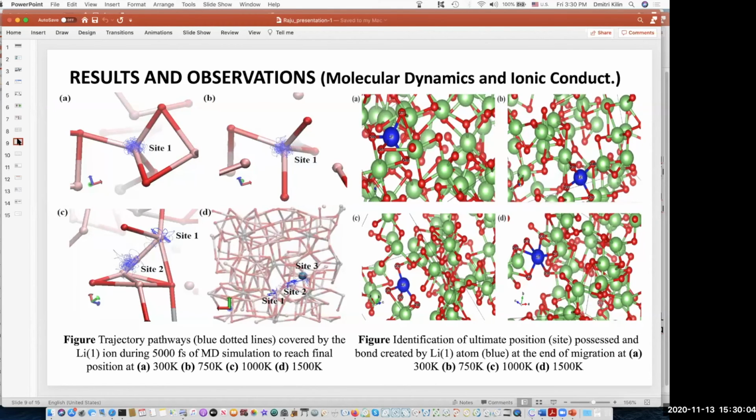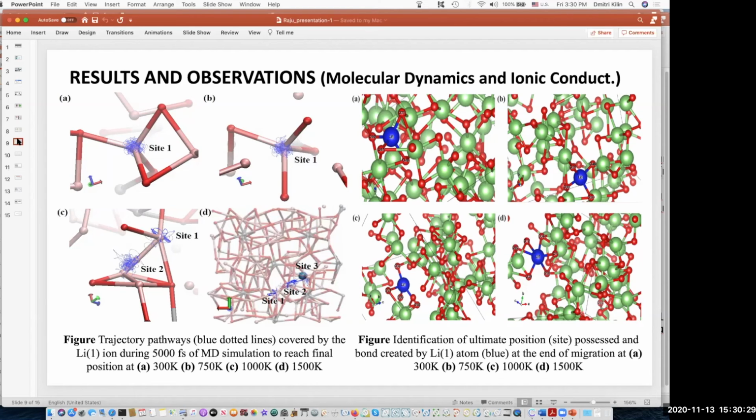As well, at 750 Kelvin, it also occupies the tetragonal site. But when we increase the temperature to 1000 Kelvin, it makes a jump and changes its position to a neighboring position.